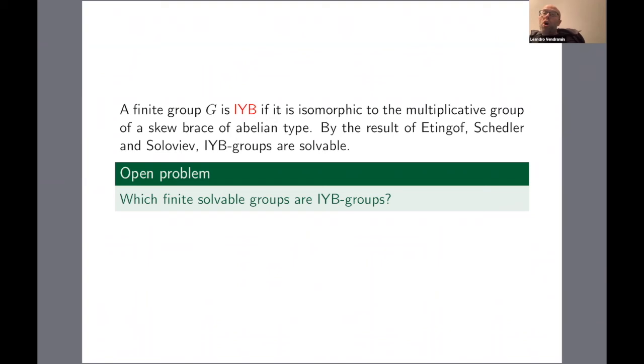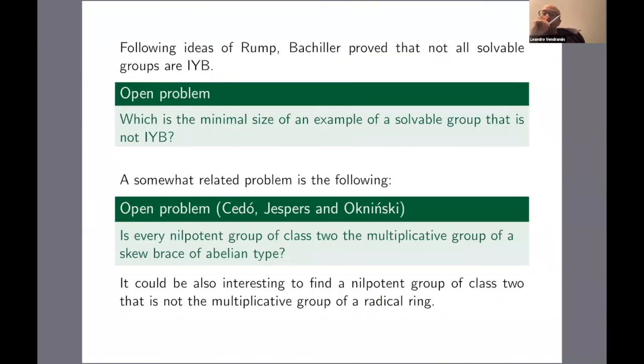What we do know is that not every solvable group is going to be an involutive Yang-Baxter group. This was done by Rump, but without details, and David Bachiller found a complete proof. However, what I would like to understand is the minimal example of a solvable group that is not an involutive Yang-Baxter group.